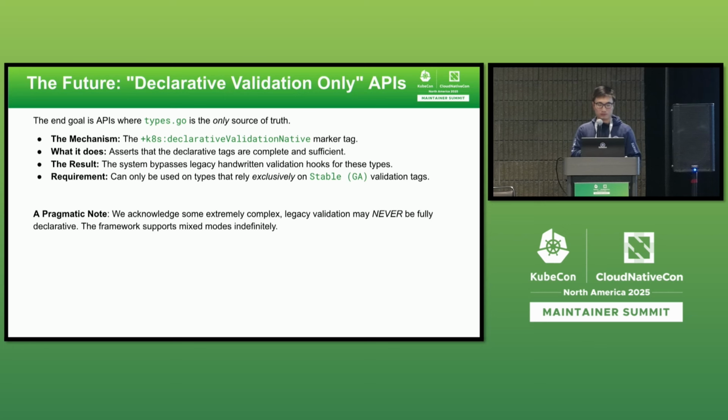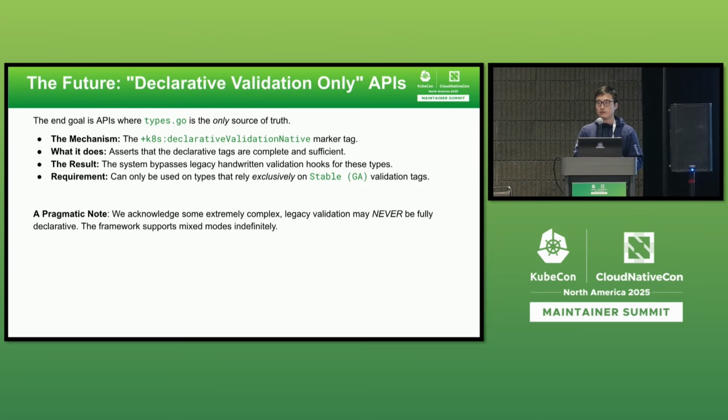So in the future, we're looking forward to declarative validation-only APIs, which means that the validation logic will attach to the types.go, so the user can see it, and they can have these declarative validation native marker tags attached to them.